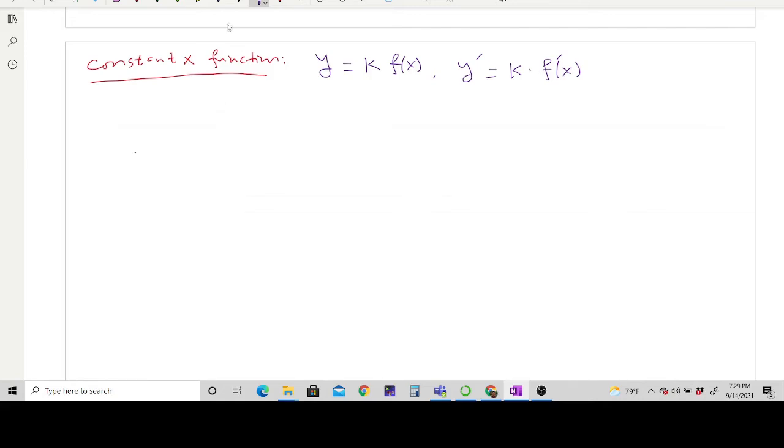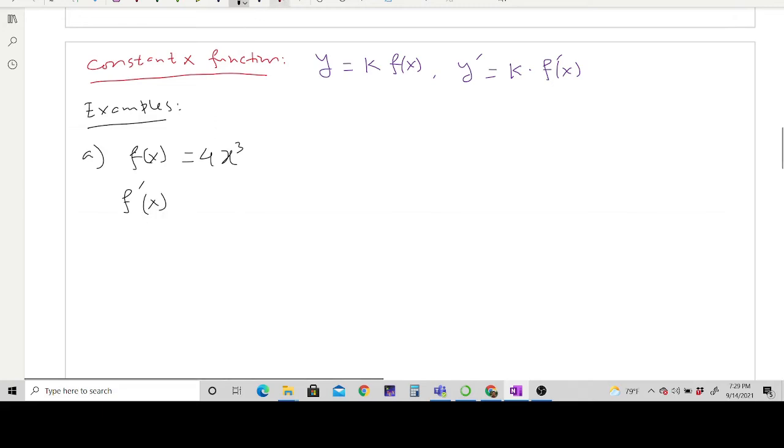Okay, now let's look at some examples. So f of x equals 4x cubed. What is the derivative of this function?